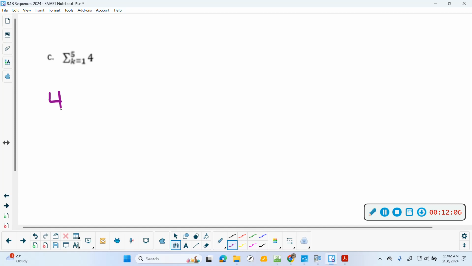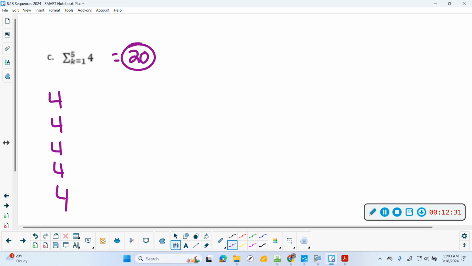Is there any variable on the 4? So every single term is what? This is what we call a constant sequence, just for fancy vocab, where all the terms are the same. Now I need the sum of those, so let's just do mental math. You can just do 4 times what?